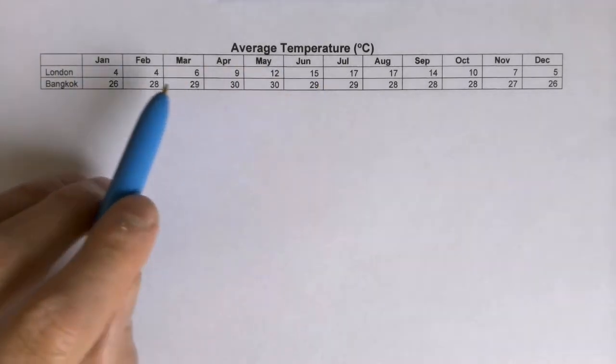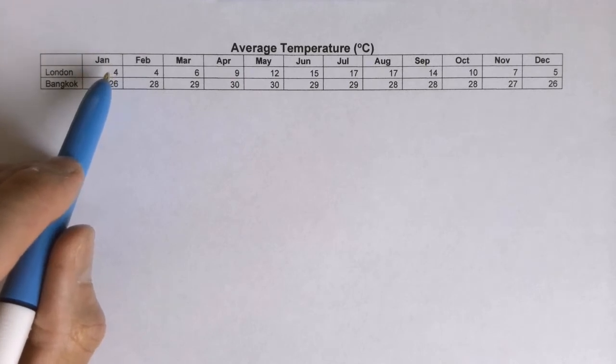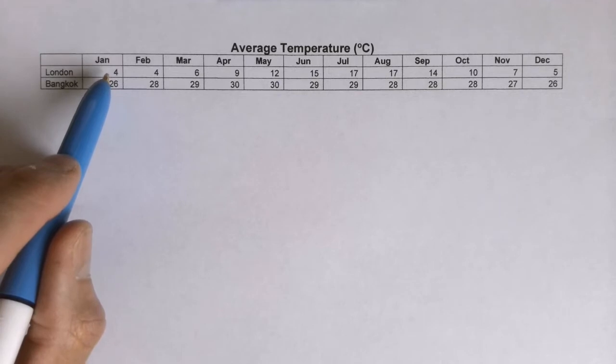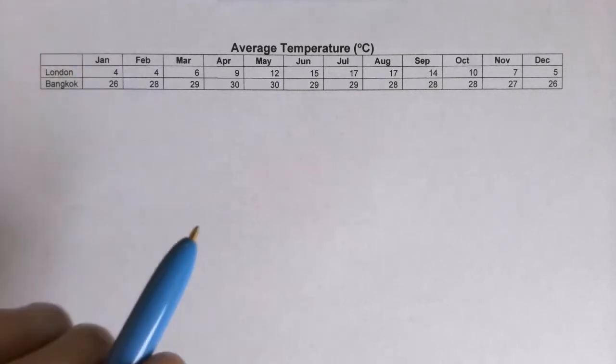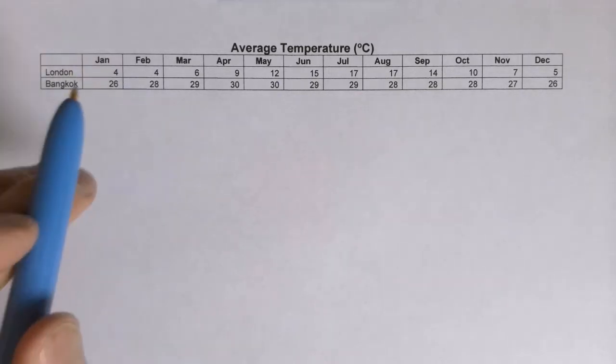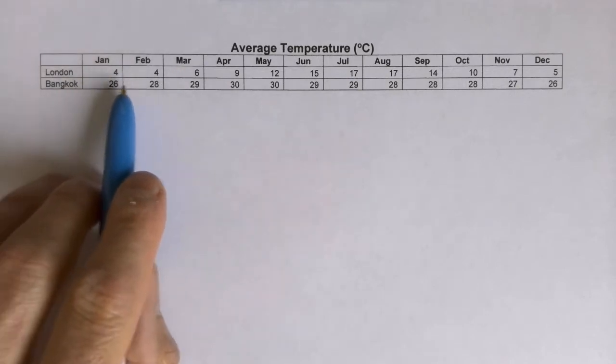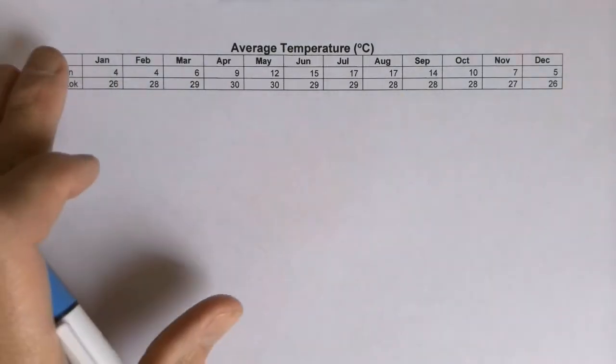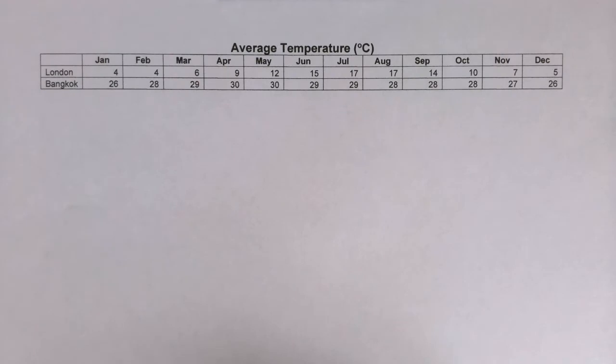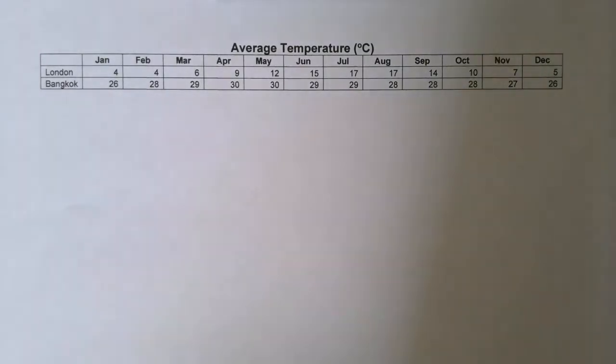In January, they took the temperature at midday every day and found the mean, added them up, divided by how many days there are in January. And then they did the same for February and March, etc. And they've done the same for Bangkok. And we've got that data for every month of the year. So we're going to display this data on a time series graph. I've attached the data to the homework as well.